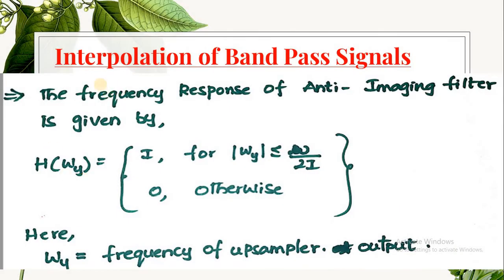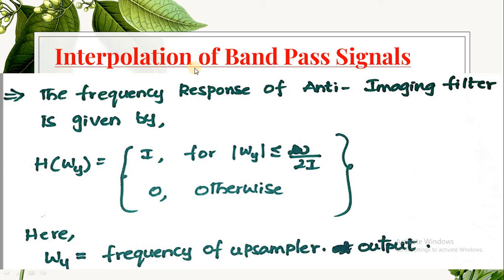Now we are going to discuss interpolation of band pass signals. What is interpolation? An anti-aliasing filter along with an upsampler is called the interpolation process. You already know about this interpolation. Then for the frequency response, we have to derive one equation here.